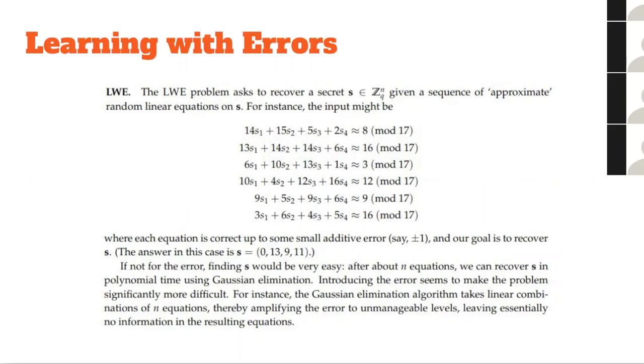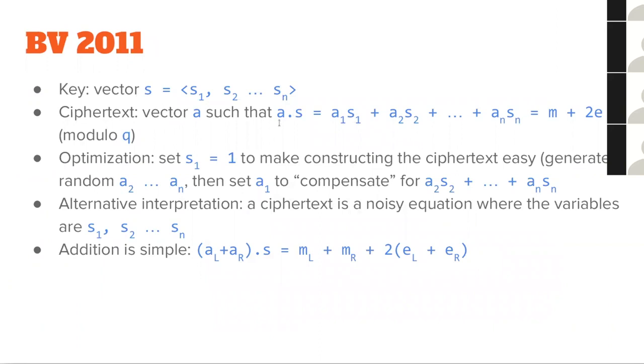The coefficients in the equation are going to be the A, and the output is going to be some small number, 0 or 1 depending on what your message is, plus some error, and that error perturbs the values, and that makes it hard to extract S. So if you're comfortable thinking in terms of vectors and dot products, your ciphertext is just A such that A dot product S equals a message plus 2 times an error, or you can think of it as this linear equation. One optimization is that you can set the first number in your secret key to 1, and that just makes it very easy to construct these A's.